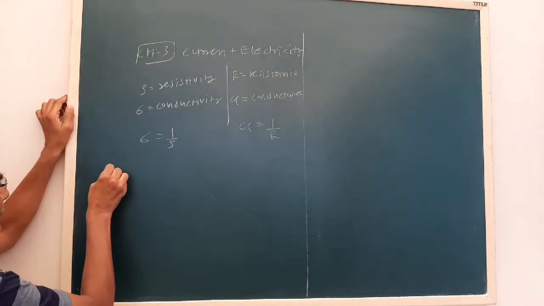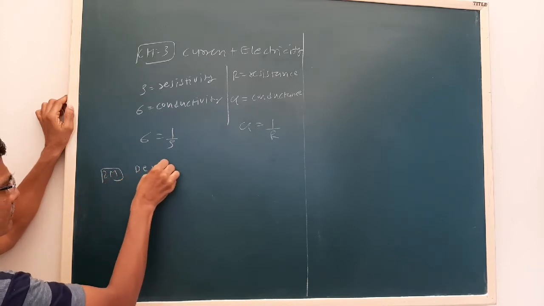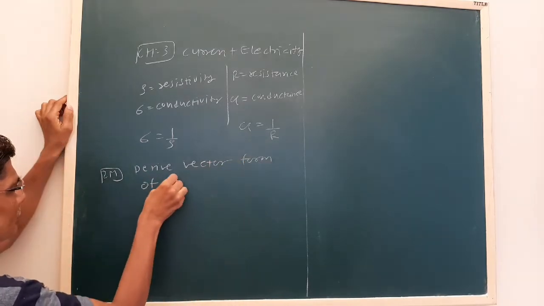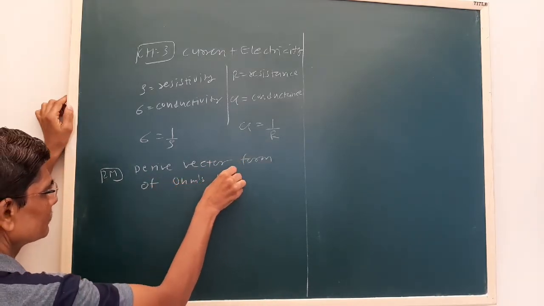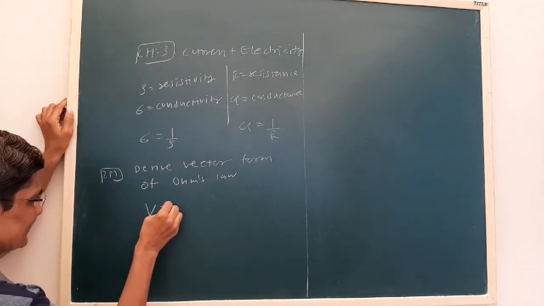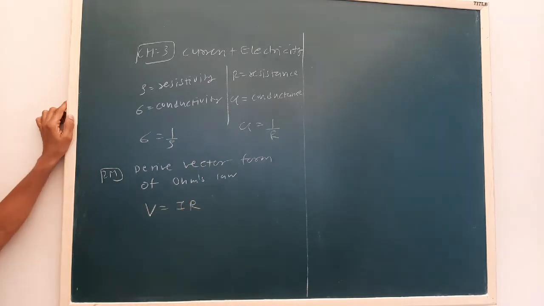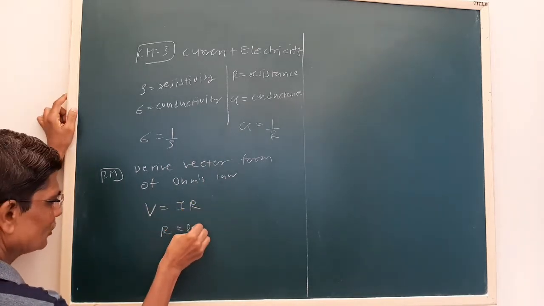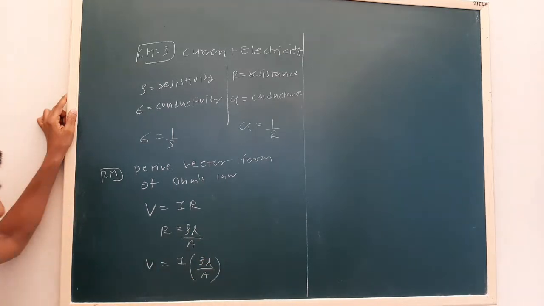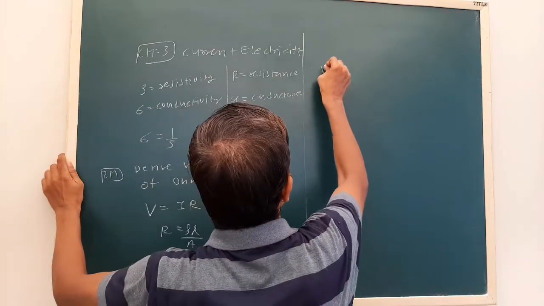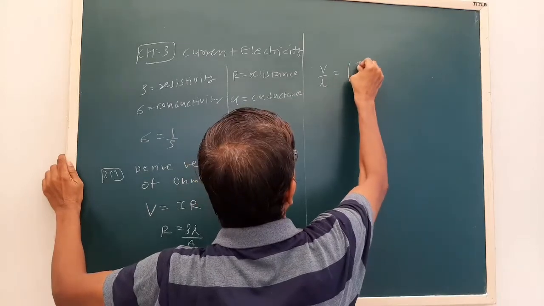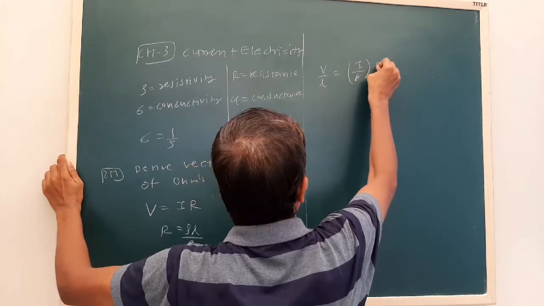So our next question is like this: derive the vector form of Ohm's law. Now see, V is equal to IR, that is Ohm's law. Just now we have seen R is equal to rho L by A. Now V by L is I upon A into rho.